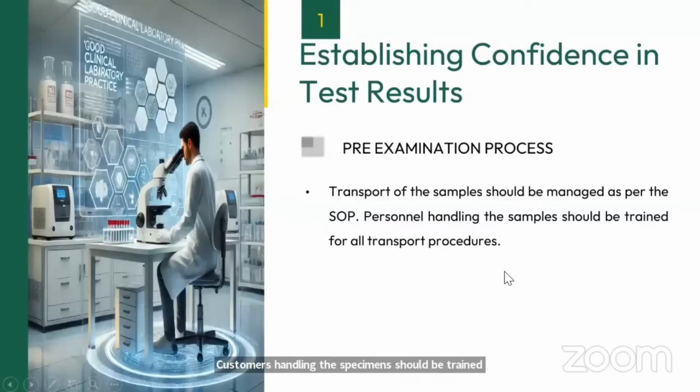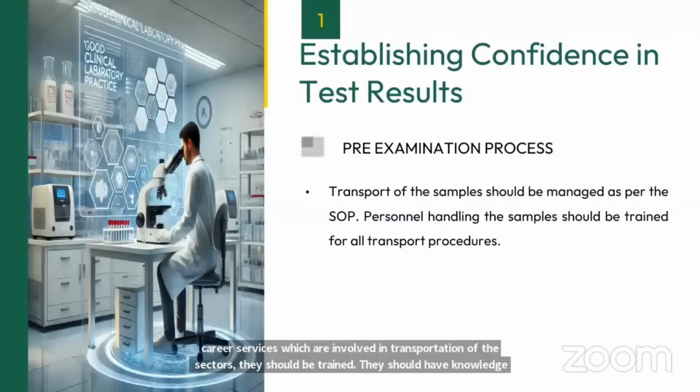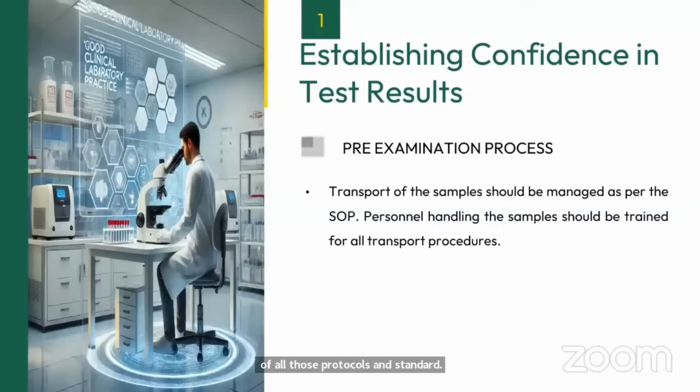So again, how to transport the sample, how to pack the samples, all this information must be given in your standard operating procedures, and those staff, those personnel, those courier services which are involved in transportation of the samples, should be trained. They should have knowledge of all those protocols and standard procedures, like how to pack the samples, with triple layer packing.